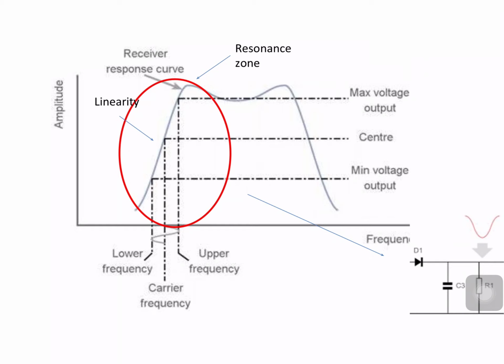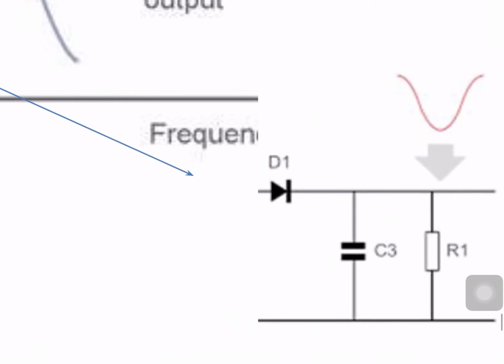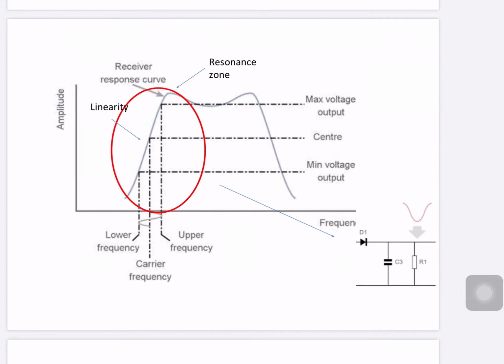So this is linearity in slope detection, where the lower frequency component is included, the upper frequency component is also included, and one carrier frequency is also included. Only this linearity is useful, and it is given to this diode detection circuit.